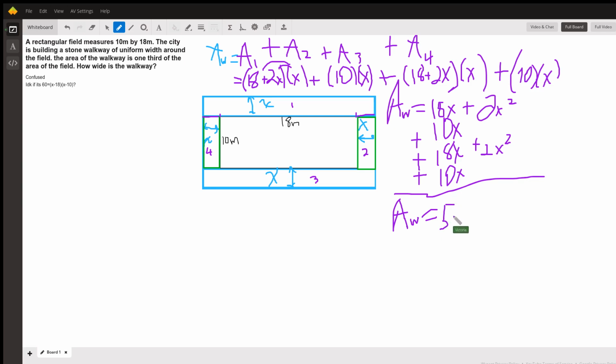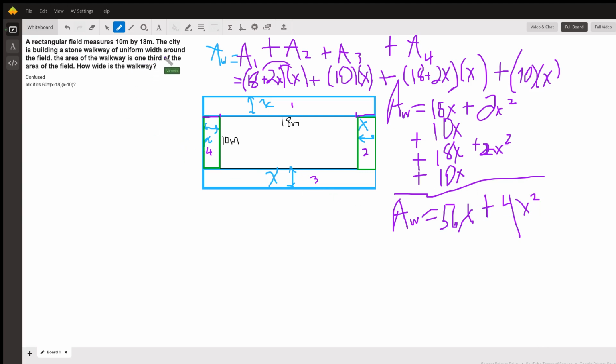So we have 56 x's plus, this is a 2, it's not clear. Anyway, 2 and 2, we have 4x squareds. And that is the area of the walkway around.